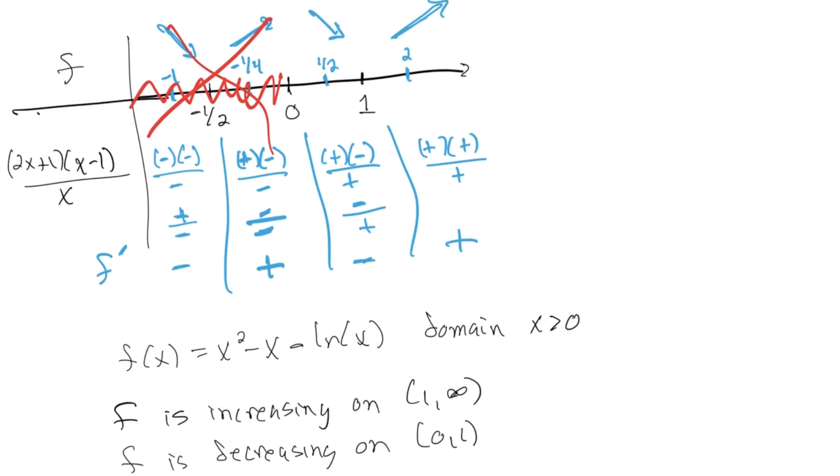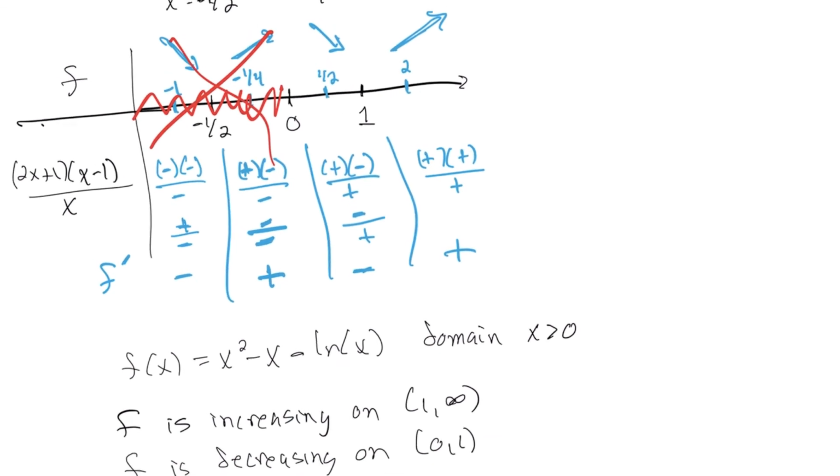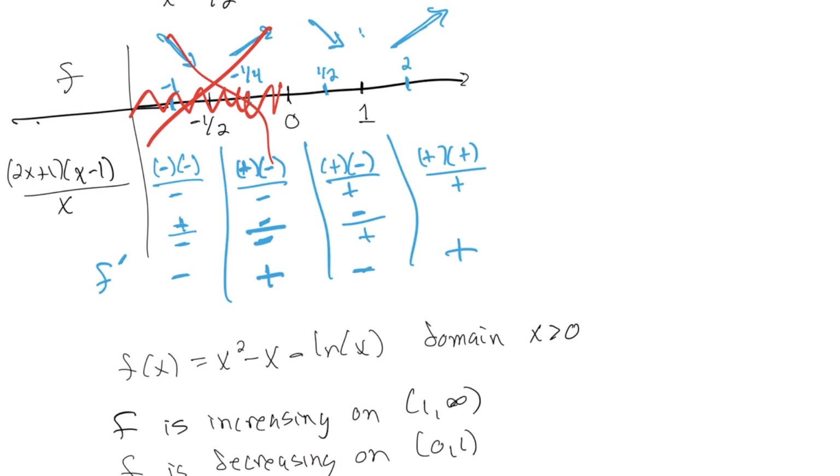Now when I come back up and I look at my little line test here, let me zoom out of here, I would be tempted to deduce that we have a minimum at x equals 1. The way that I'm going to determine whether a minimum is there or not is I need to plug back into the function to see if it's defined there. Now it is going to be defined there. X equals 1 is in the domain. But we could have a situation where x equals 1 is a vertical asymptote.